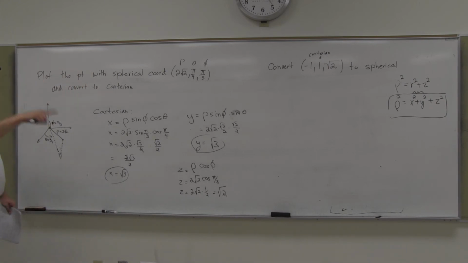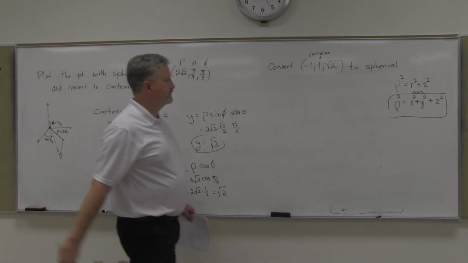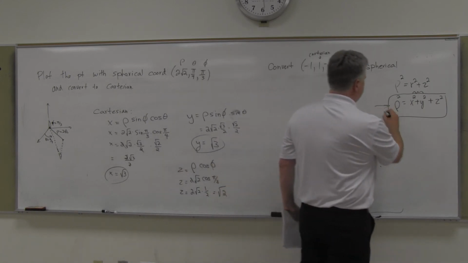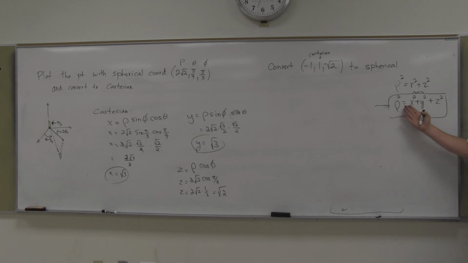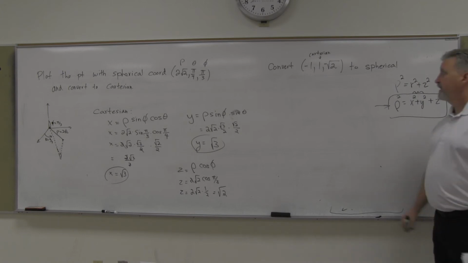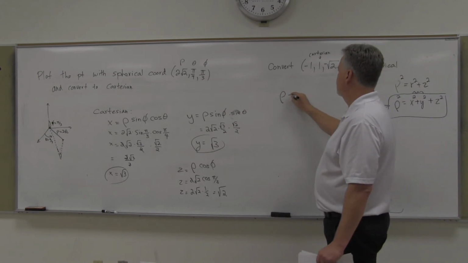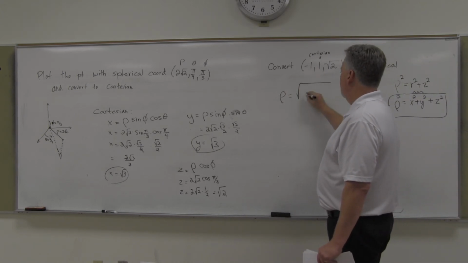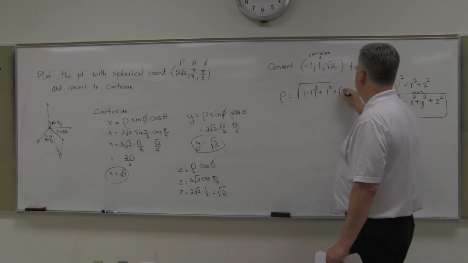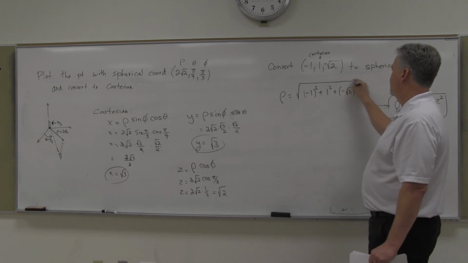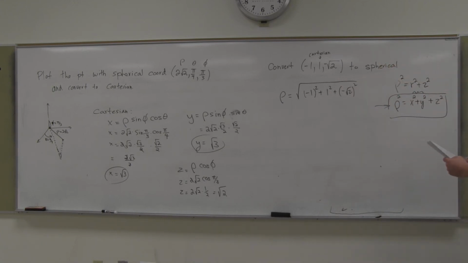Okay, well, that's where this little equation comes in handy, for rho anyway. Rho squared equals that, so rho is just going to be the square root of the squares added together. So take the square root of all those added, so that's what?